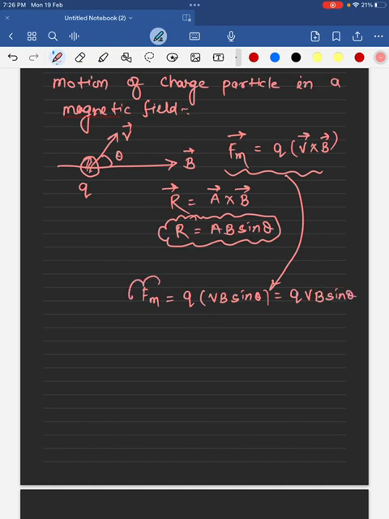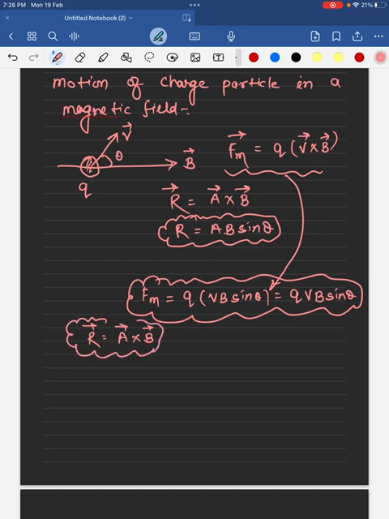But the major thing is that a number of questions are asked from this. Firstly, if R vector equals A vector cross B vector, R vector is the resultant vector of A cross B. It means that if we curl our fingers from A vector to B vector, suppose A vector is like that and B vector is like that, and the angle between A vector and B vector is theta, then the resultant R equals A cross B, or AB sine theta.